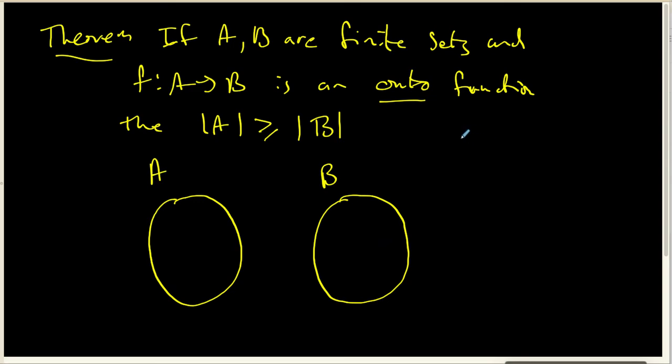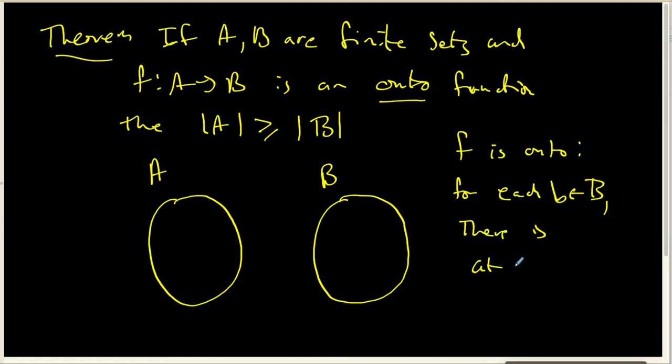What does f is onto mean in terms of arrow diagrams? f is onto means that for each b inside set B, there is at least one incoming arrow.